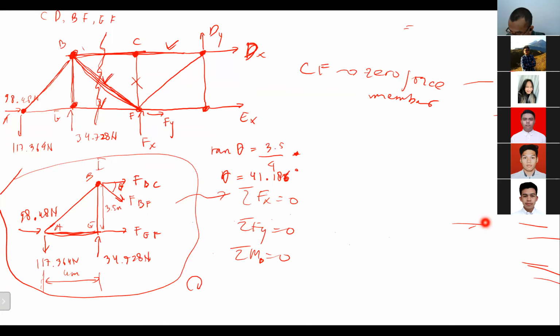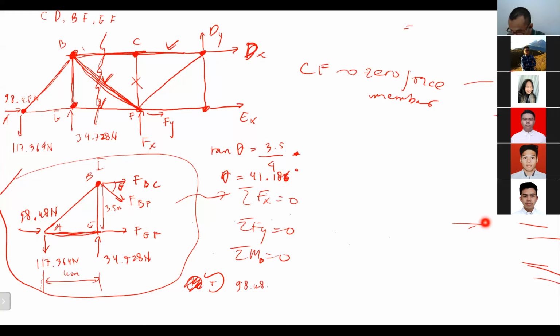If clockwise moment is positive, counterclockwise moment will be negative, and the forces passing through B will be 0.